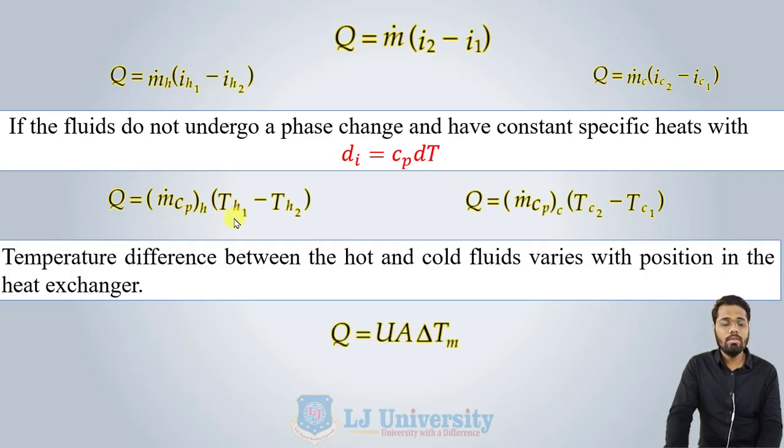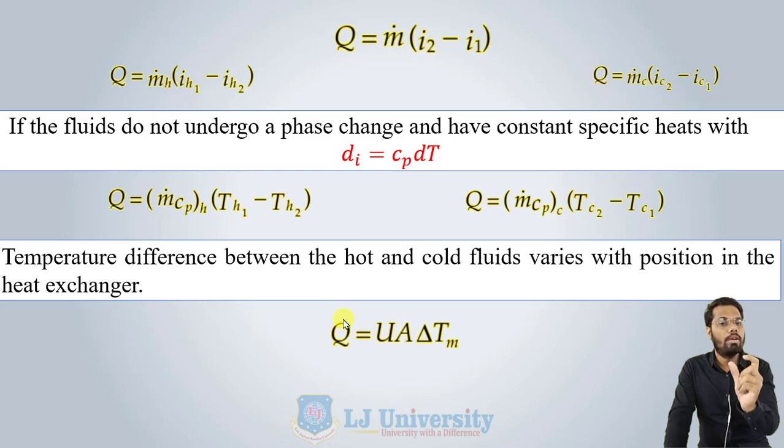Now we have derived in our analysis of heat exchanger topic in our previous lectures that the temperature difference between the hot fluid and cold fluid varies with the position in the heat exchanger. We know the general standard equation to find the heat transfer rate is Q equal to, for conduction, K dT by dx, and for convection, hA delta T. There is one constant, either K or h, but in a heat exchanger there is conduction as well as convection.